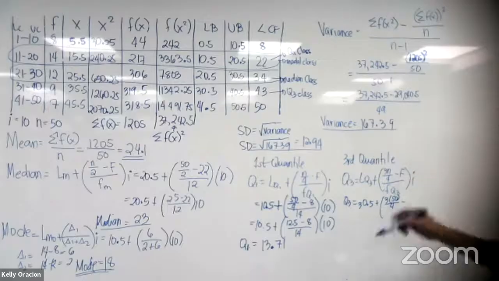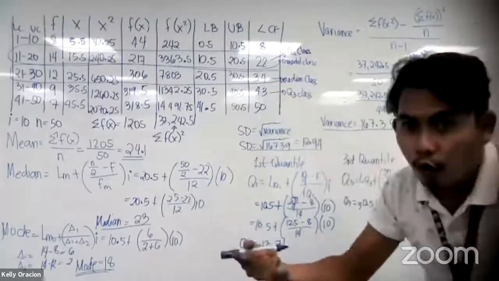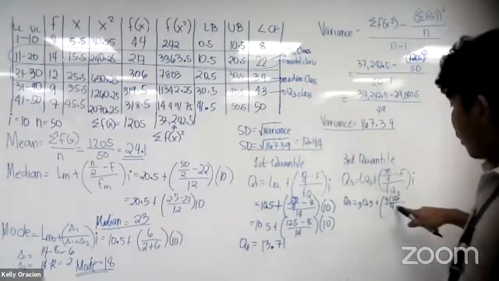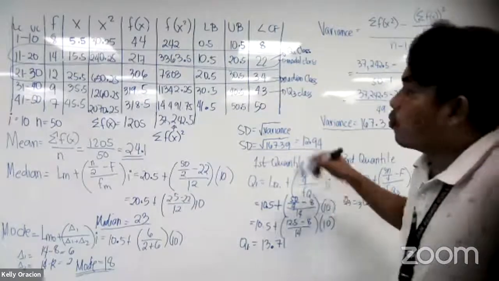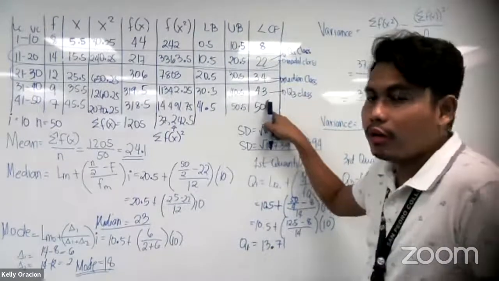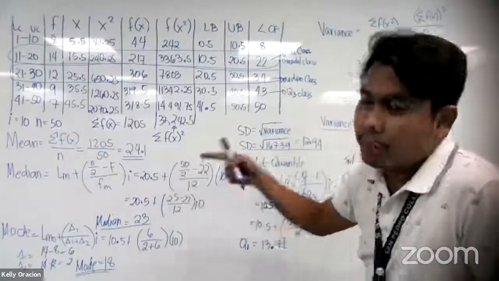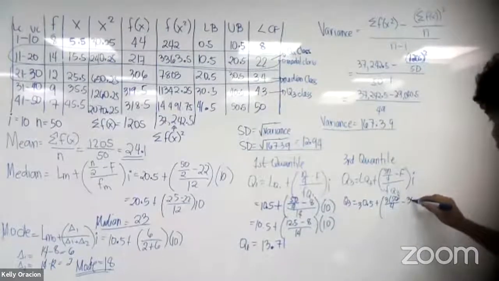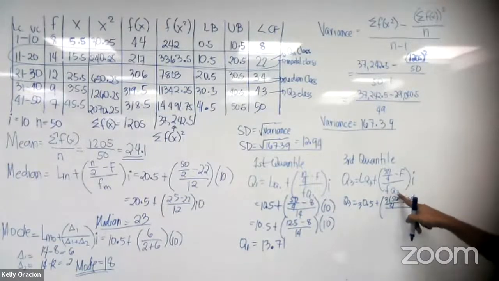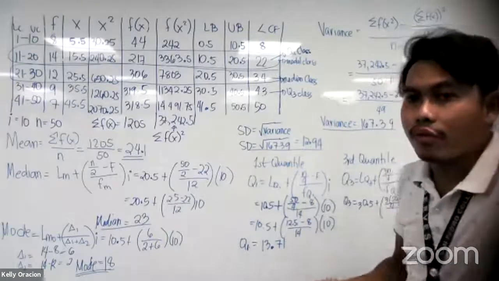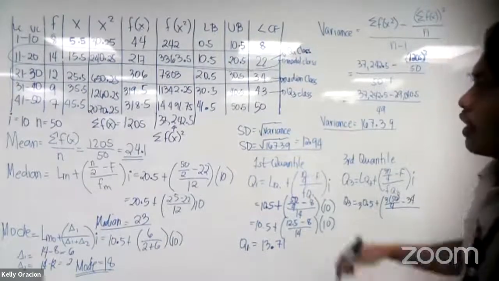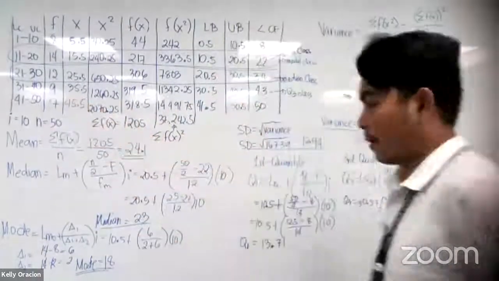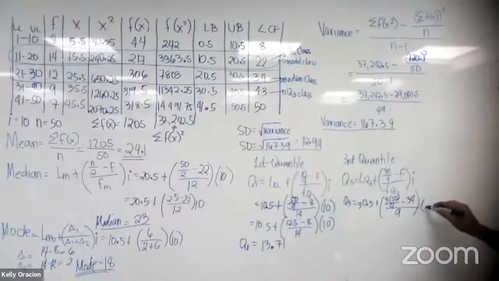This big F is the cumulative frequency before your third quantile class. So that's 34, over FQ3, the frequency of your third quantile class, which is 9, times the interval, which is 10.